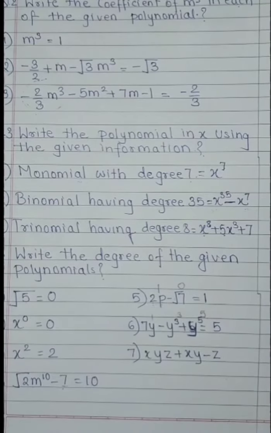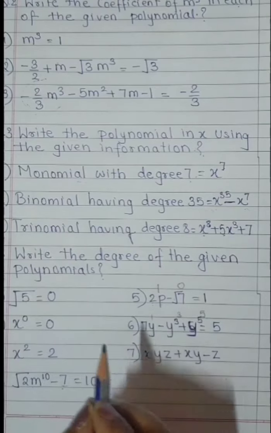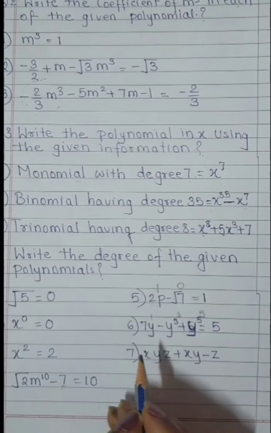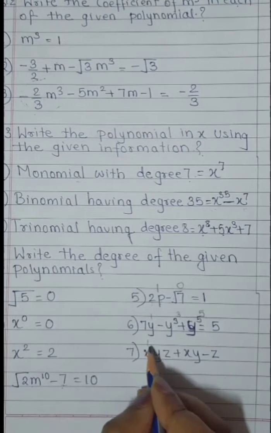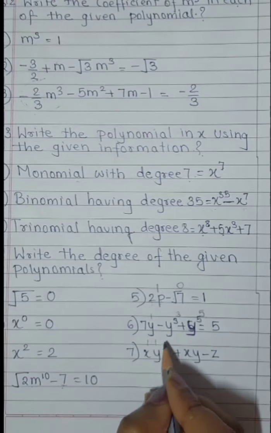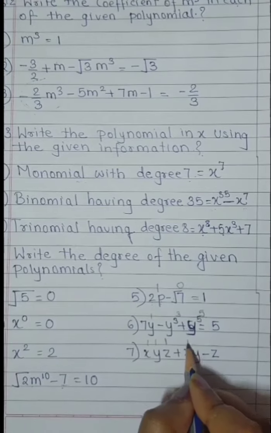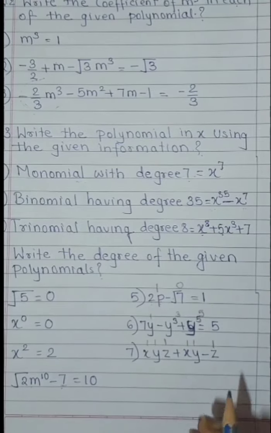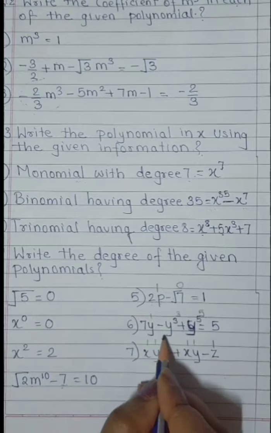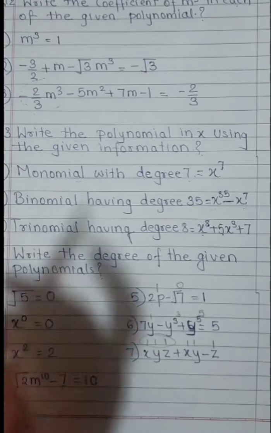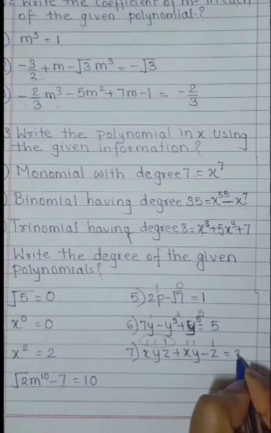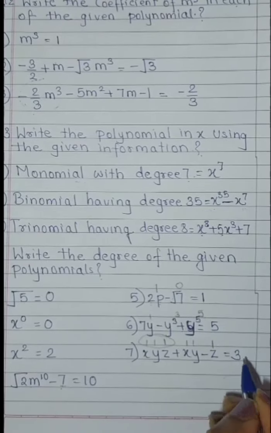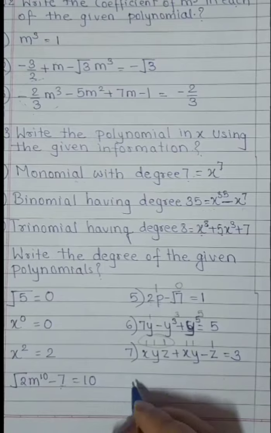So here you can see x is a 1 degree, y 1 degree, z is 1 degree, here also 1, 2, here 1. So the bigger degree is what? 3. So we will write 3 as a degree of this trinomial.